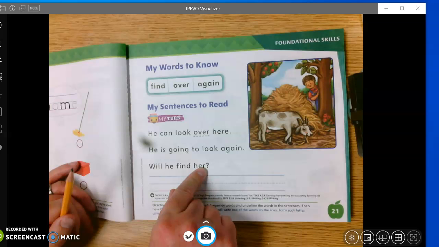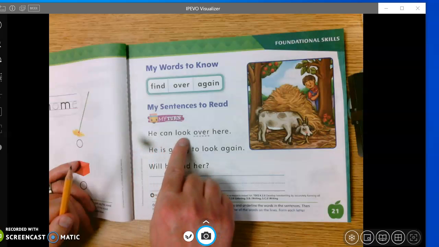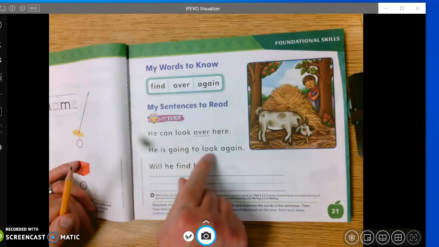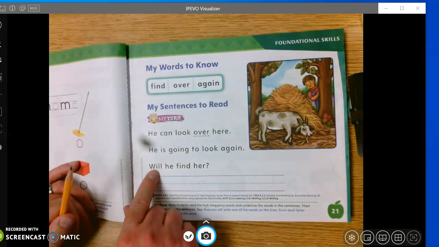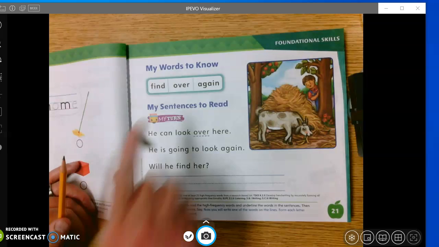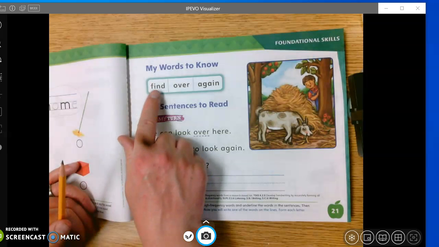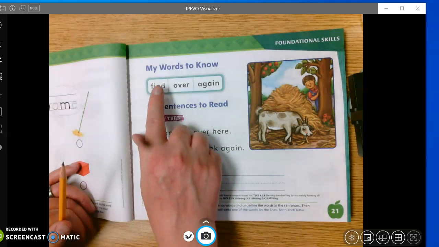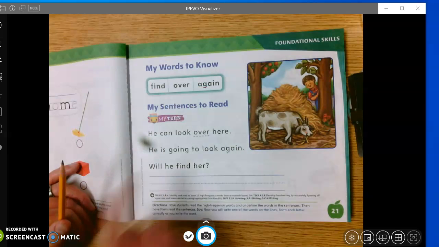All right, so I'm going to go ahead and read all three sentences again, a little bit quicker. He can look over here. He is going to look again. Will he find her? All right. So boys and girls, let's look at these three words again, and we're going to try to find them here in the text of our short story, of the sentences. Find, over, again.